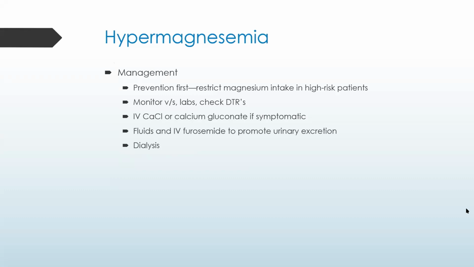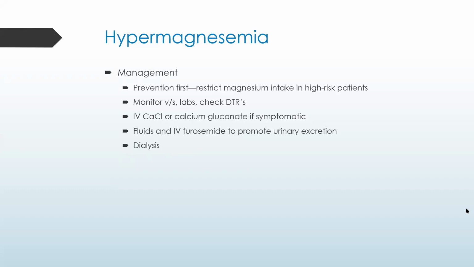Management begins with avoiding drugs that contain magnesium and limiting diet intake of magnesium-containing foods such as green vegetables, nuts, bananas, oranges, peanut butter, and chocolate. If renal function is adequate, promoting urinary excretion with oral and parenteral fluids and IV furosemide decreases magnesium levels.